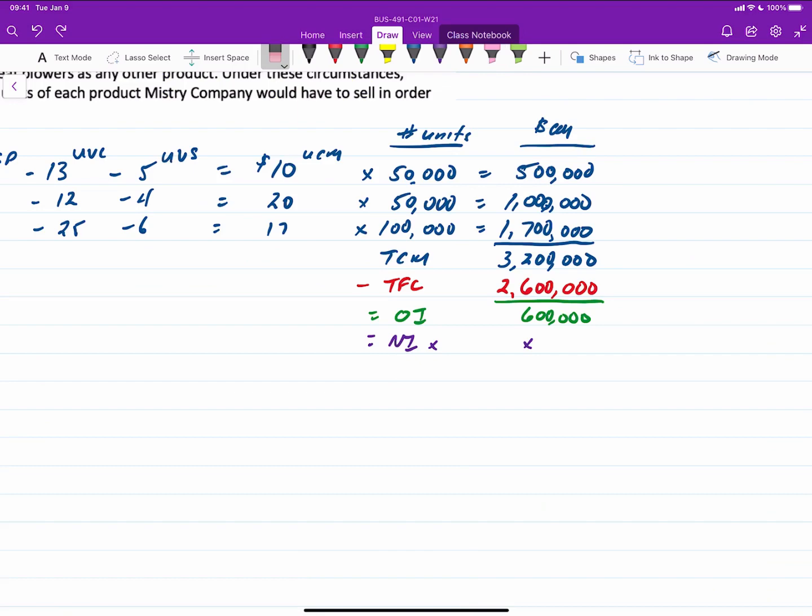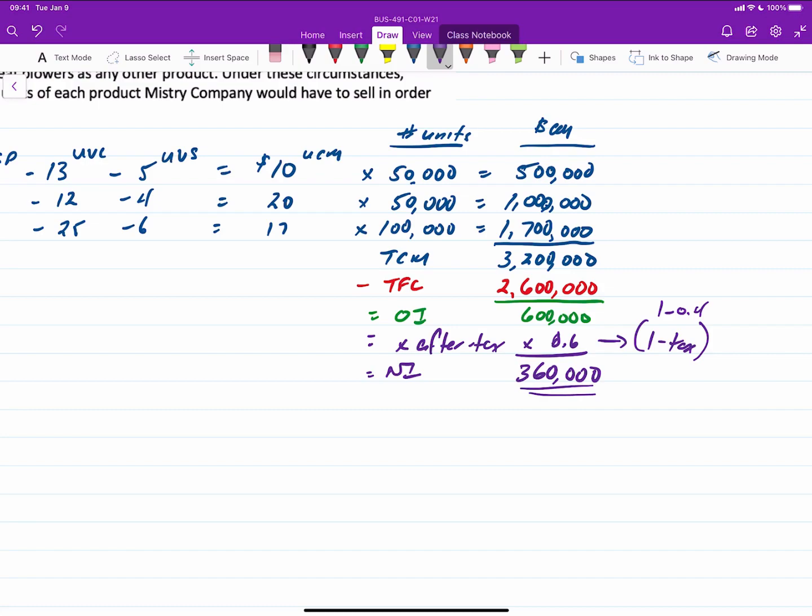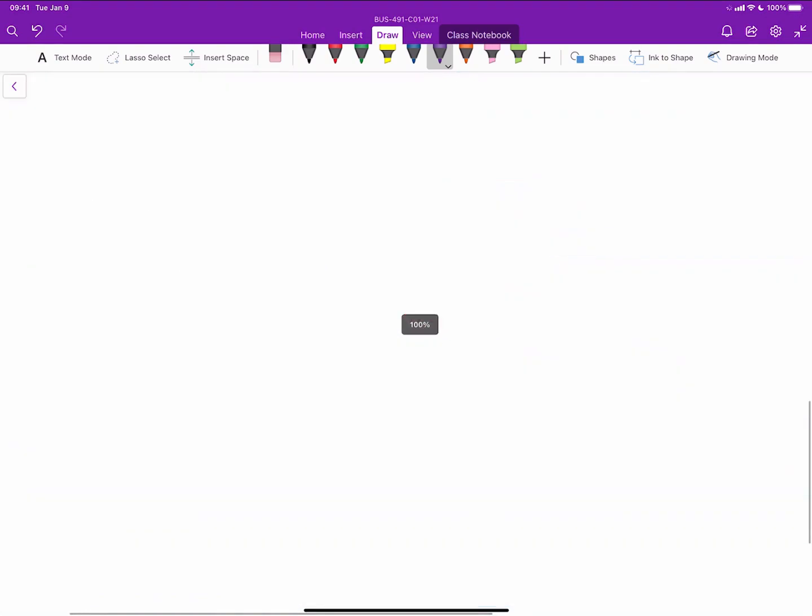So 1 minus 0.4 is 0.6. 600,000 in before-tax income multiplied by 60% will give us net income of $360,000. So there you have it. 600,000 before tax times an after-tax rate of 60% gives you net income of $360,000, and that's the answer to requirement 1.